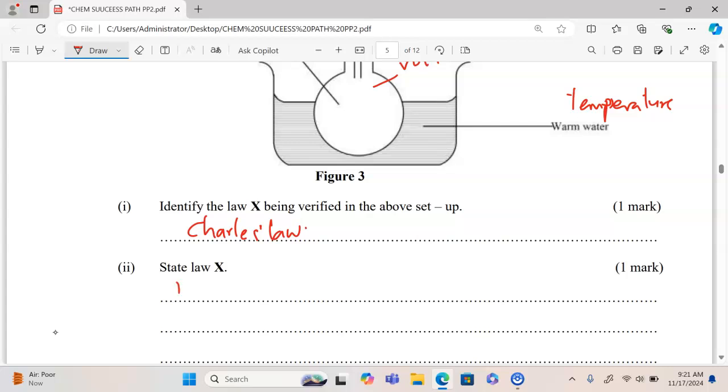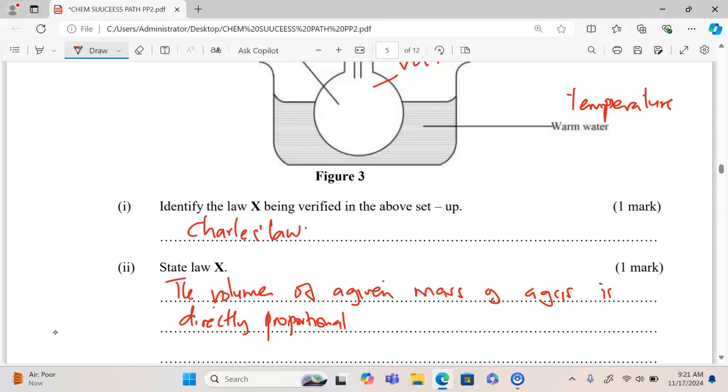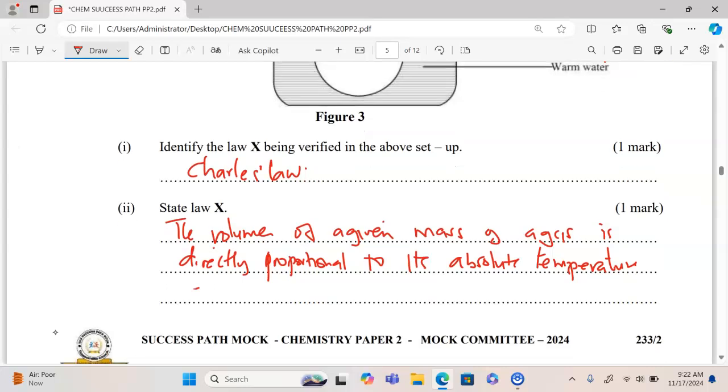And Charles' law states that the volume of a given mass of a gas is directly proportional to its absolute temperature at constant pressure.